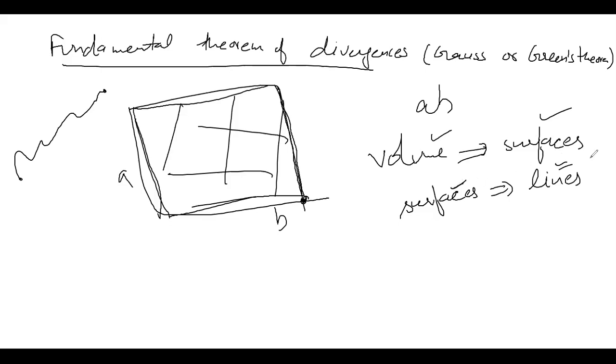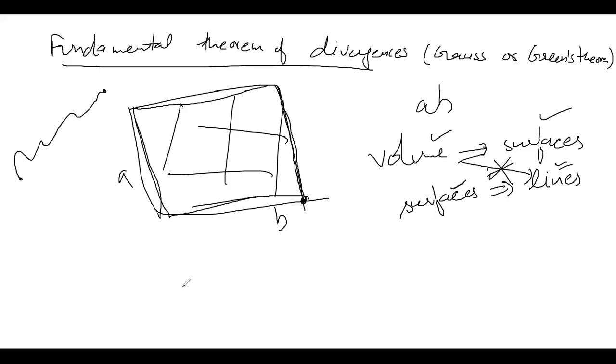You cannot go from volume to line. You cannot have any theorem which will let you convert directly from volume to line. You can convert from volume to surfaces, and from surfaces to lines. So the 2 theorems that we are going to talk about now will help you in these conversions, which we are going to use further in Maxwell's equations.